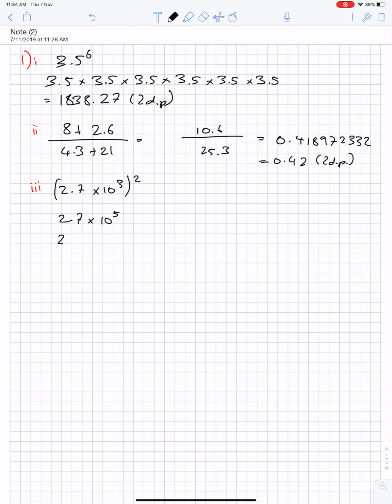The decimal point shifts 1, 2, 3, 4, 5 places, so basically the answer is 270,000.